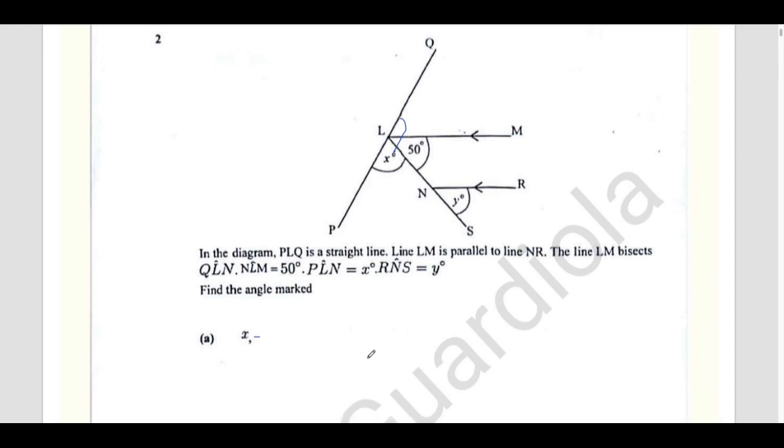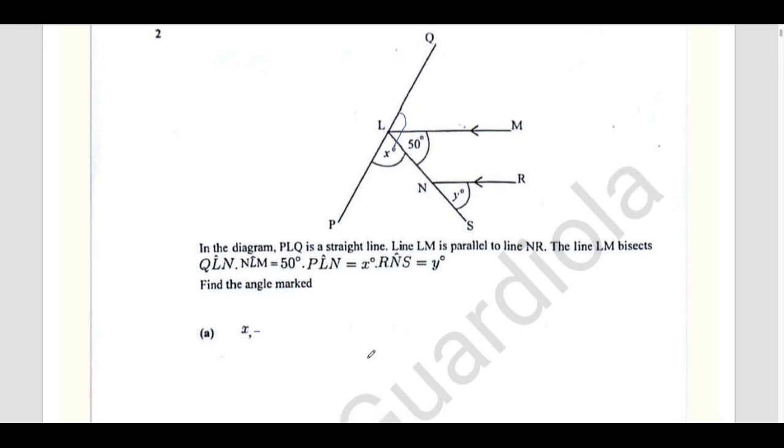So if LM bisects QLN, then it must mean that the angle formed there, which is a 50 degree angle, the other part is also a 50 degree angle. To use this reasoning, we can write it in this way. Since NLM is equal to 50 degrees, it must also imply that QLN is equal to 2 times NLM.